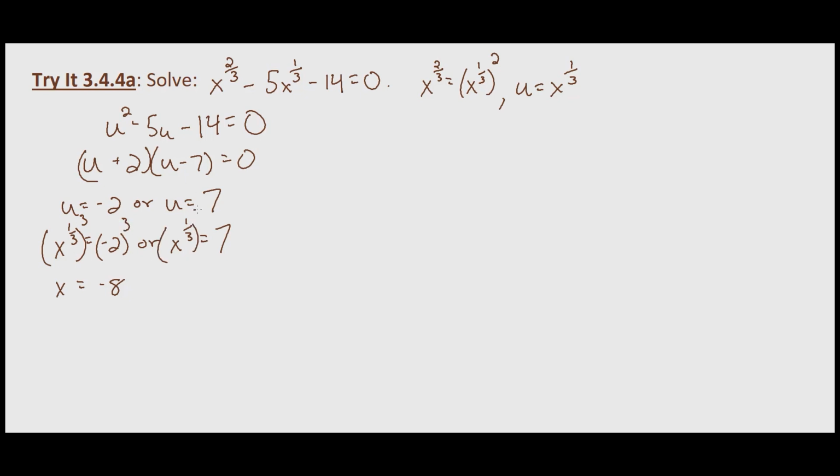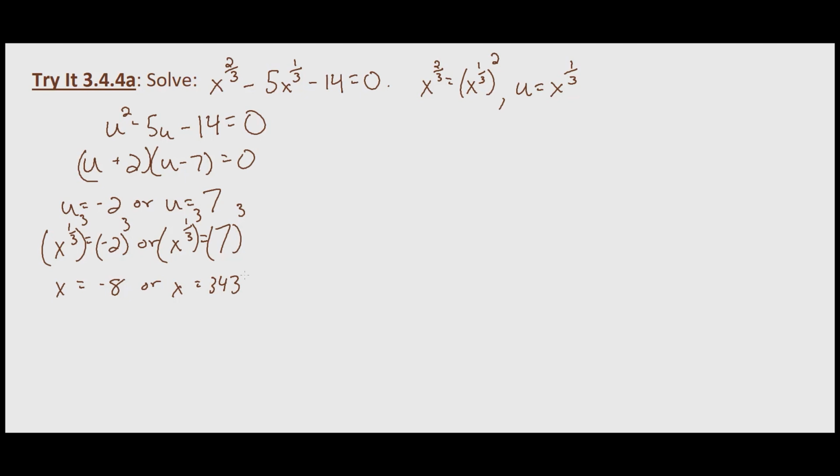Or with the other equation, x to the 1/3 cubed, again, is x, and 7 cubed equals 343. 7 times 7 is 49, times 7 is 343.